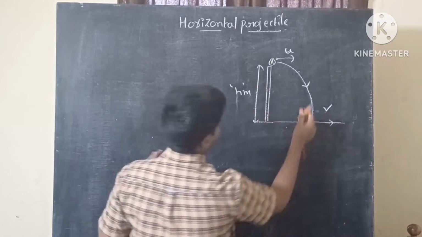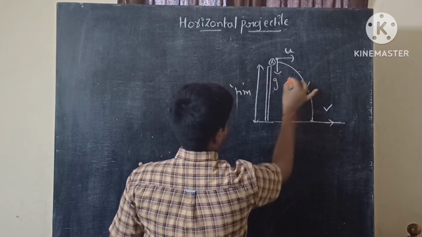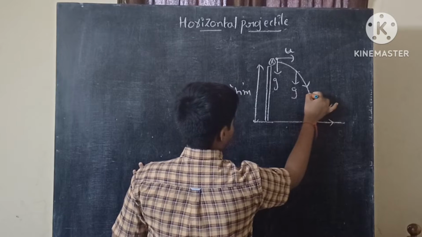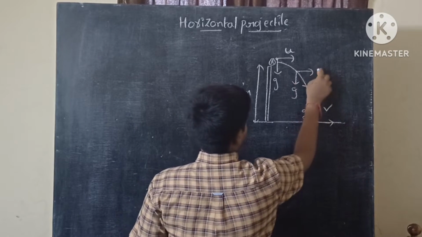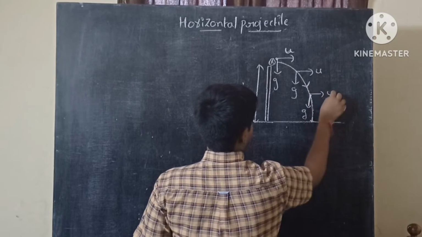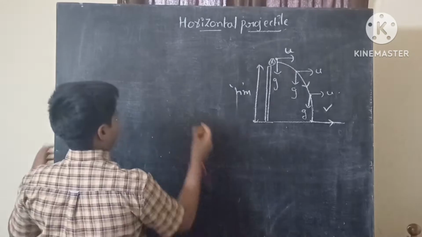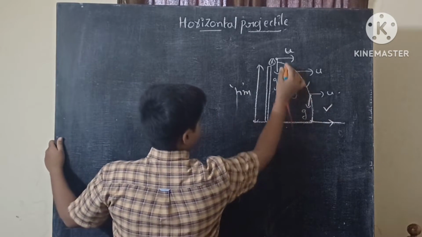Gravity always acts downwards only. So here this is the initial velocity.